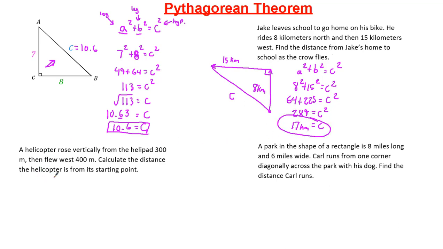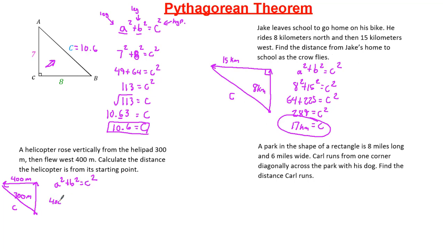Alright, once again, a helicopter rose vertically from the helipad 300 meters. So vertically from the helipad means to go up. So 300 meters. Then flew west 400 meters, so same direction as the last problem, 400 meters west. Calculate the distance from the starting point. So I want to know this over here. So I want to know c. So a squared plus b squared equals c squared.